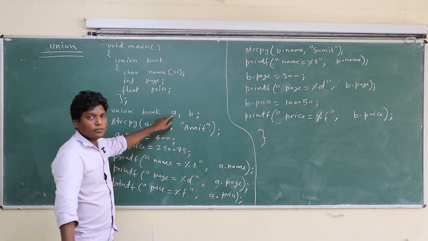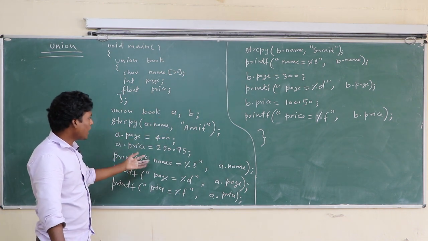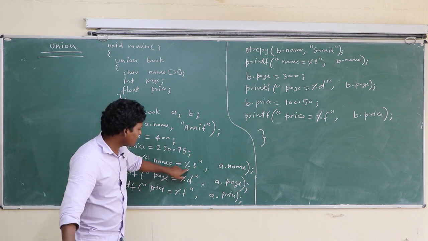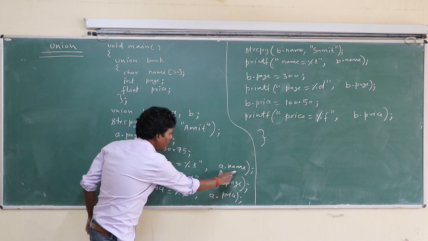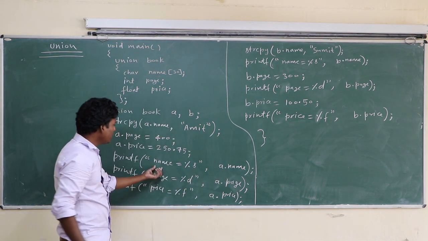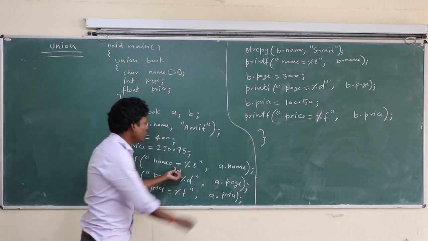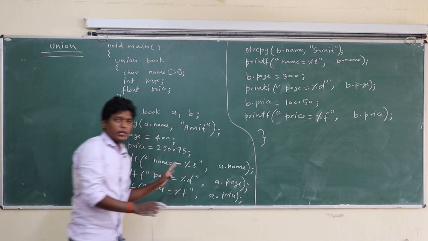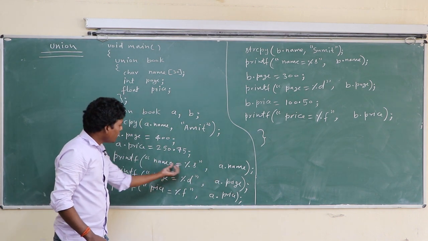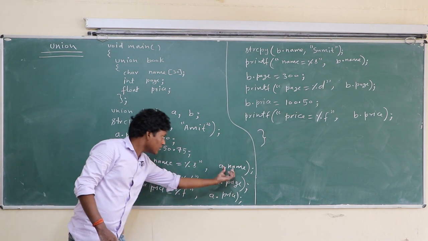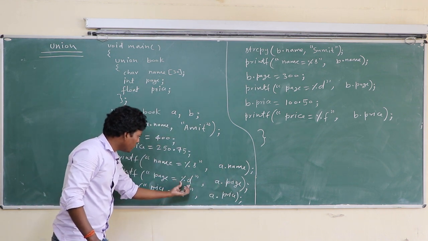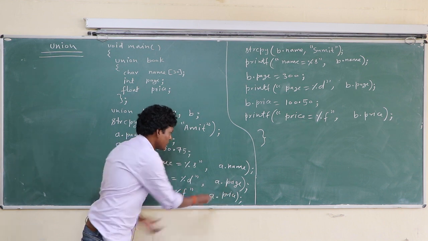Now we are going to print name equal to %s a dot name. So a dot name is printed here. So what will be the output? Name equal to Amit. It should be here. In place of %s, this will be printed. Again printf page equal to %d a dot page.